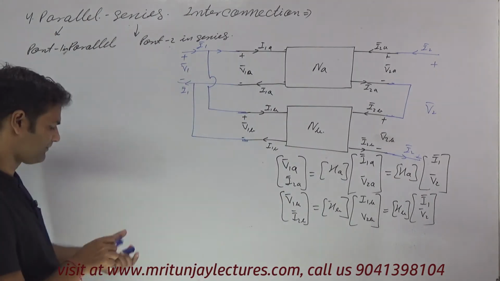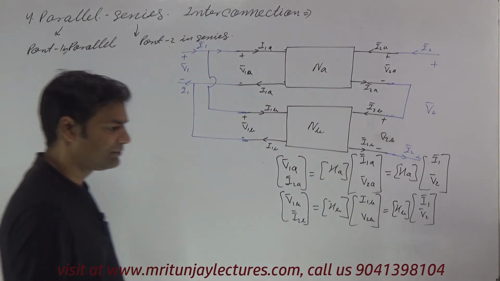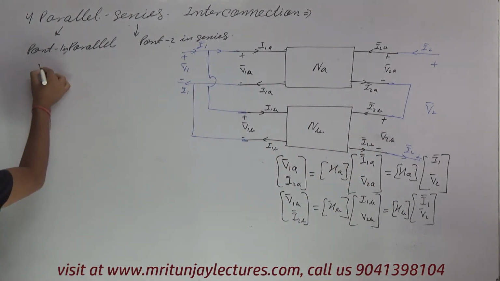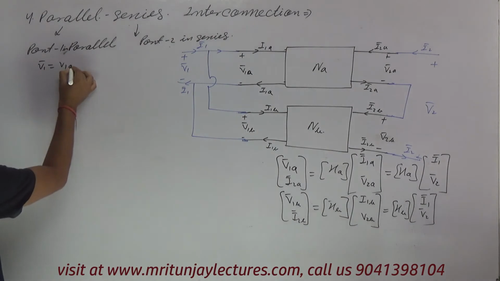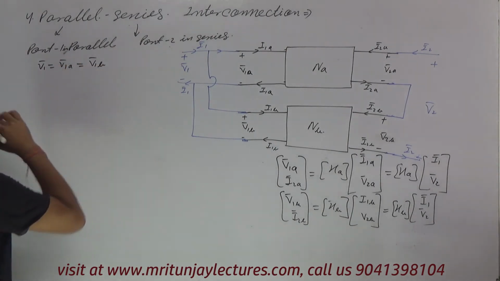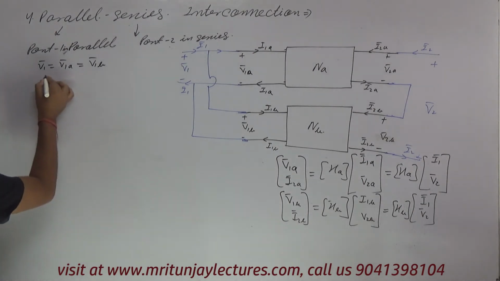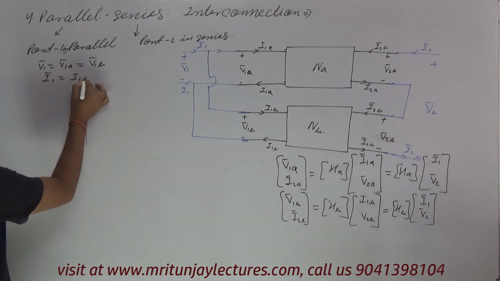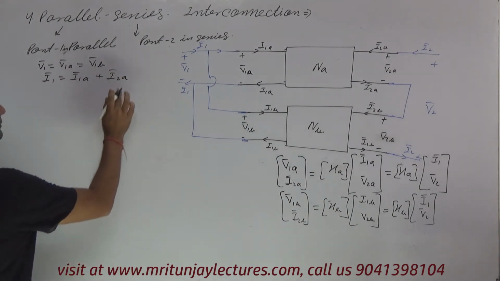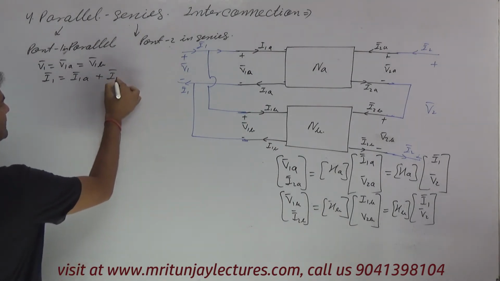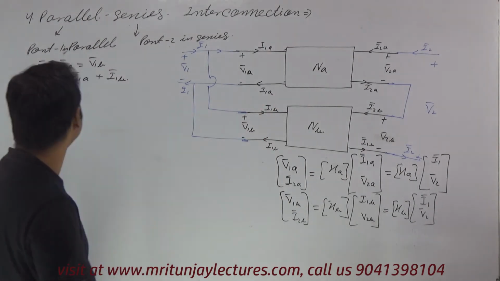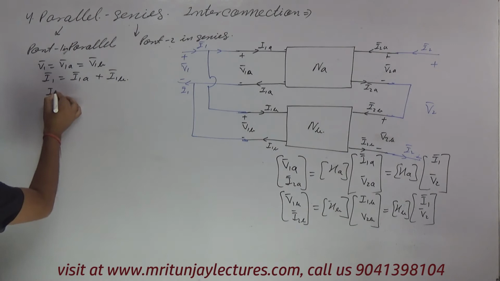Now these two, first of all, V1 is equal to V1A, that is V1B. Okay, and I1 is written as I1A plus I1B. Clear? Now here, what about current?